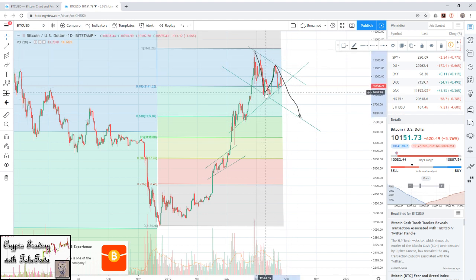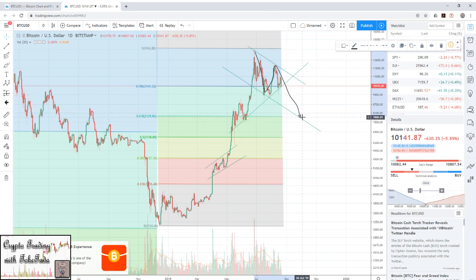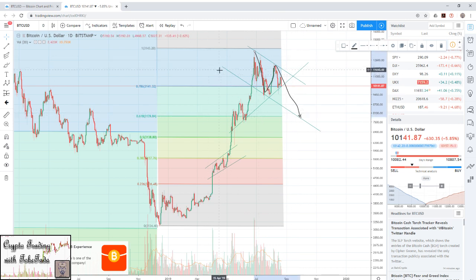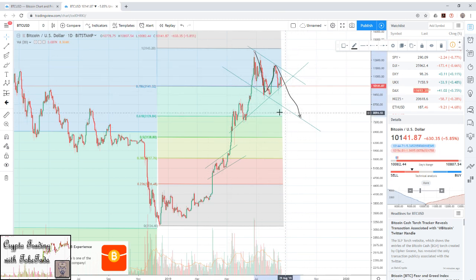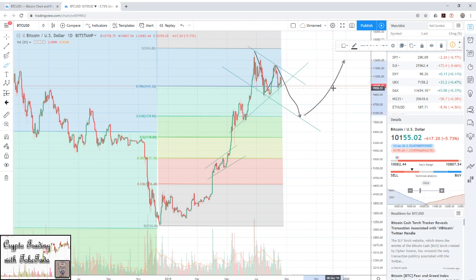So basically we have an A, B, C correction, and the C correction pretty much exactly falls on this support line here and coincides with this 0.618 ratio here. So that gives you a pretty good indicator that we're going to see a price of about, let's say, 7,500 to 8,000 here. After that, of course, I'd be expecting a further increase in price.